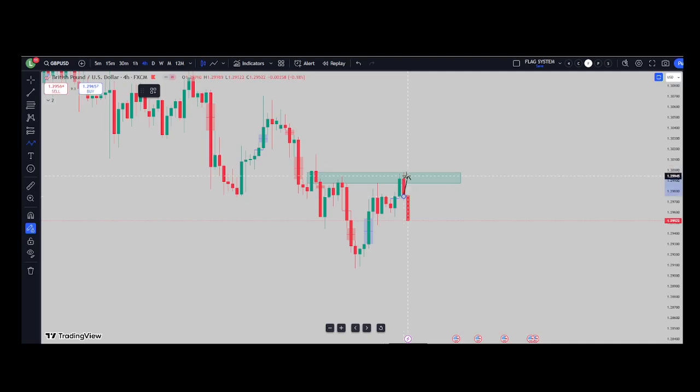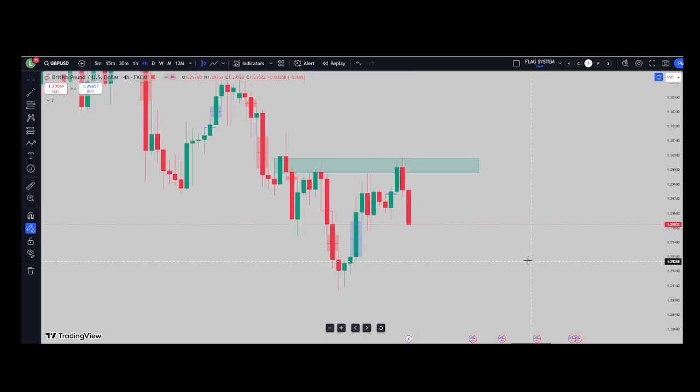The sellers that positioned themselves at this key level zone got angry, fought back, and closed this 4 hour candlestick with a bearish candlestick. Then the follow through candlestick was healthy as well. Can you see the momentum of this 4 hours candlestick? The candlestick that closed last week Friday was very healthy.